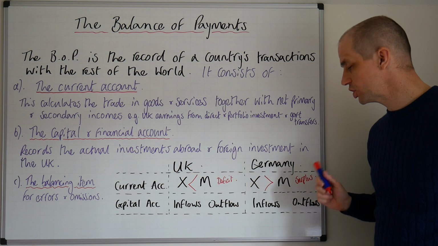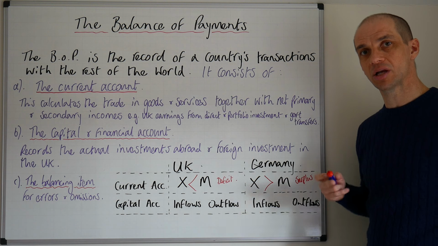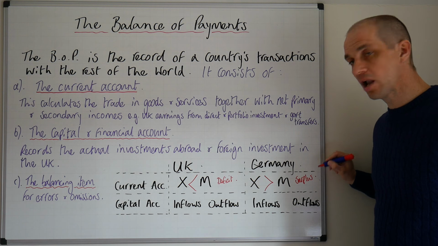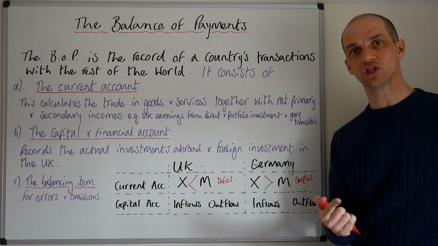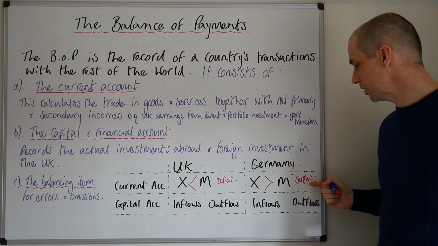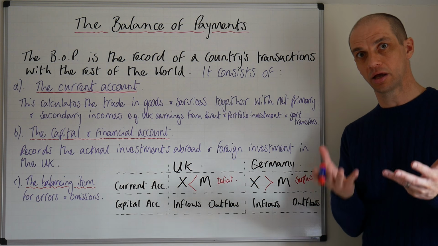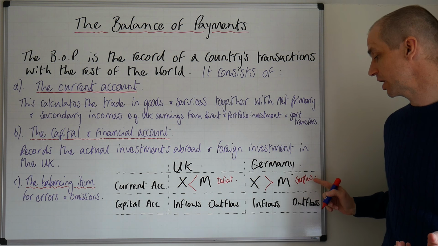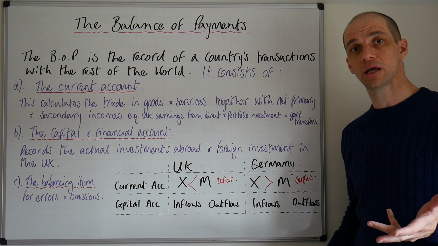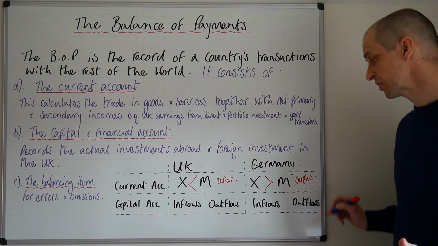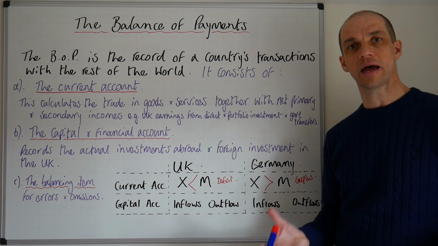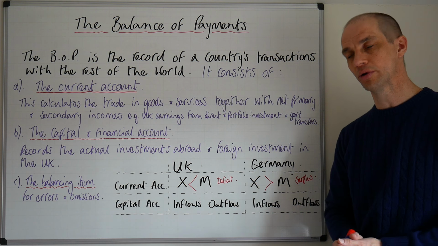Well, what this shows is that Germany is now accumulating a lot of cash, a lot of British cash here. Okay, so a lot of British pounds are being amassed within the German economy via that current account surplus that they are running. So what will they do with that cash that they now hold?